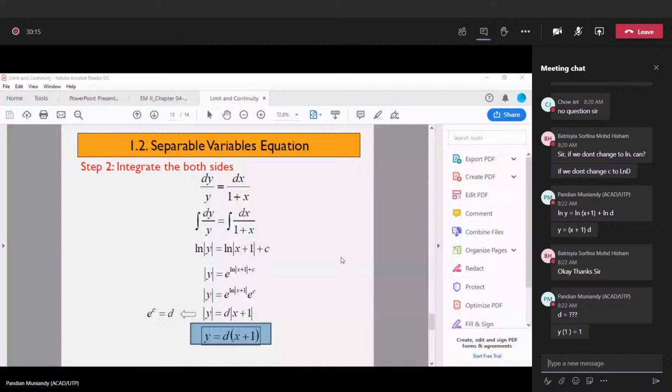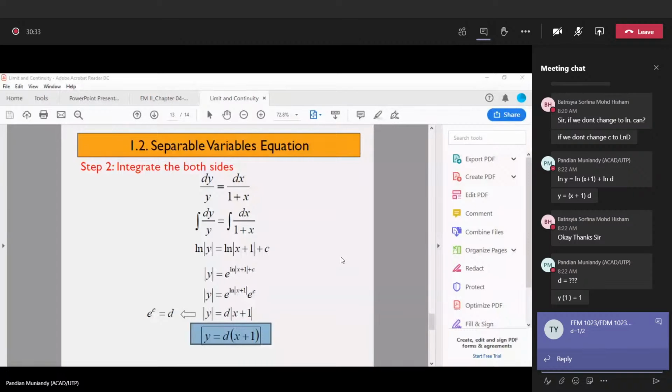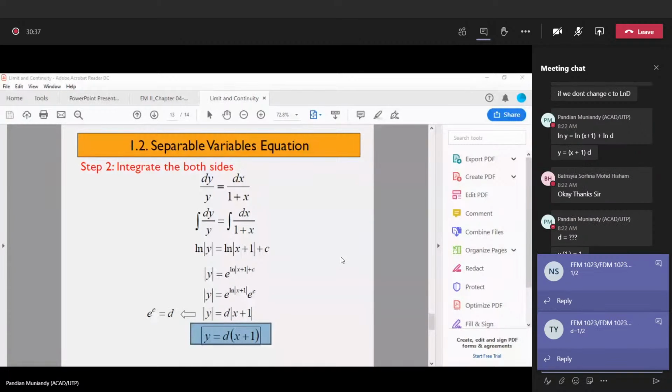Can anyone answer your d? What is your d? This is the initial condition. We gave you the initial condition so that you can find the value d. If you use c also can. Yeah, d equals to half.